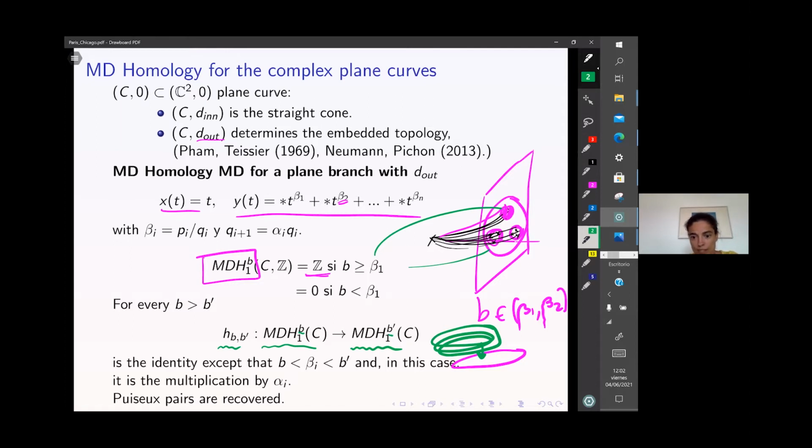So what I say is that the homology doesn't change, but these connecting homomorphisms give you, as a kind of covering map, the values of b where there is a change, which correspond to the exponents that appear in the Teissier expansion. The Teissier exponents.